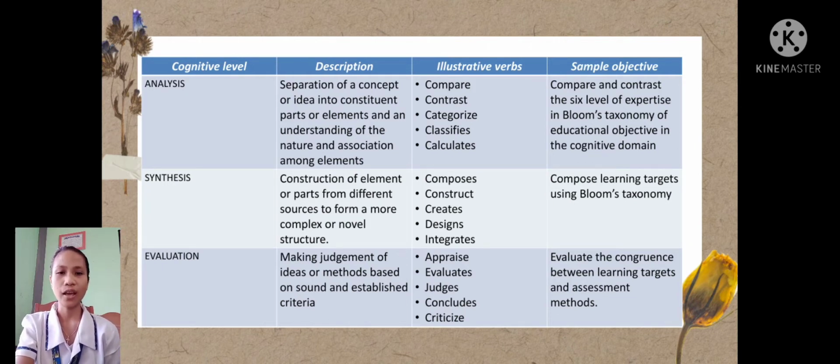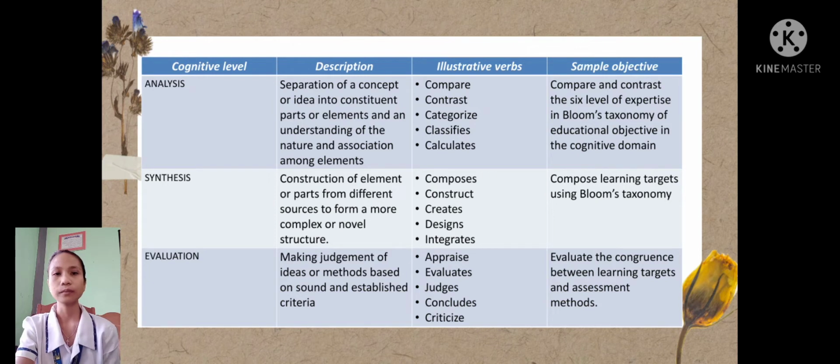Another cognitive level is the evaluation. It is making judgments of ideas or methods based on sound and established criteria. The illustrative verbs that can be used in evaluation are appraise, evaluate, judge, conclude, and criticize.